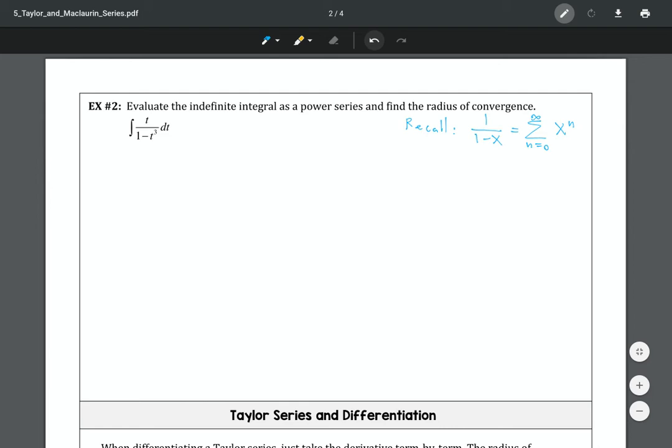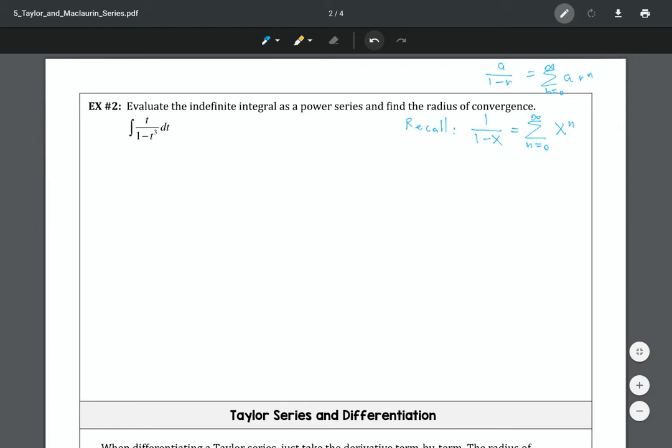Remember, for a geometric series, you had a over 1 minus r, and that was the same thing as the sum of a times r to the n. So it's the same idea, or at least in my head, they're so related that I can't really avoid them. So how does that help us?